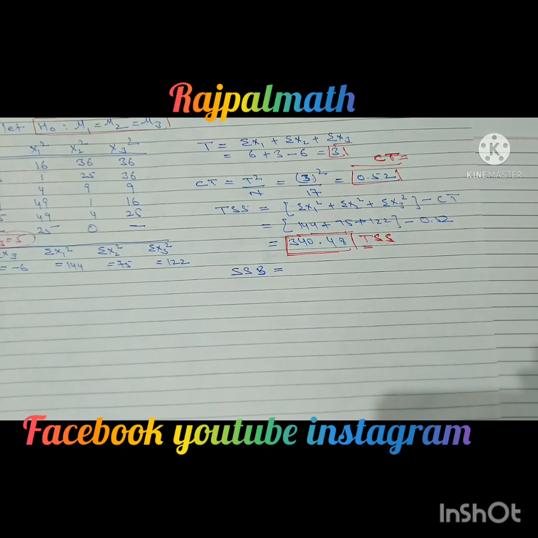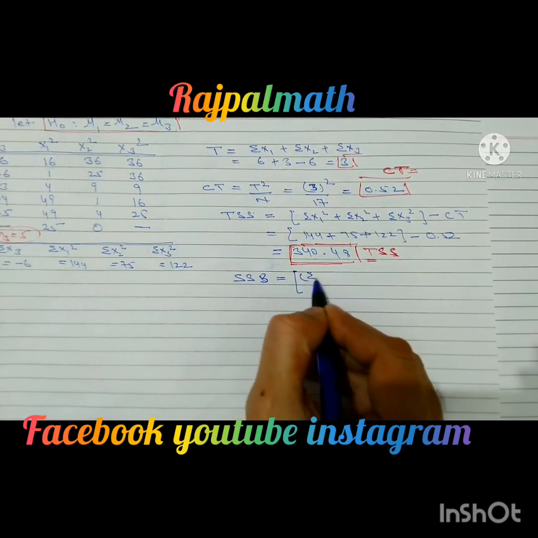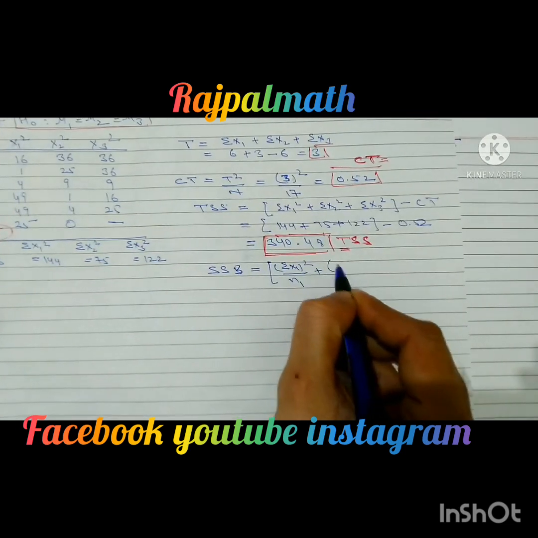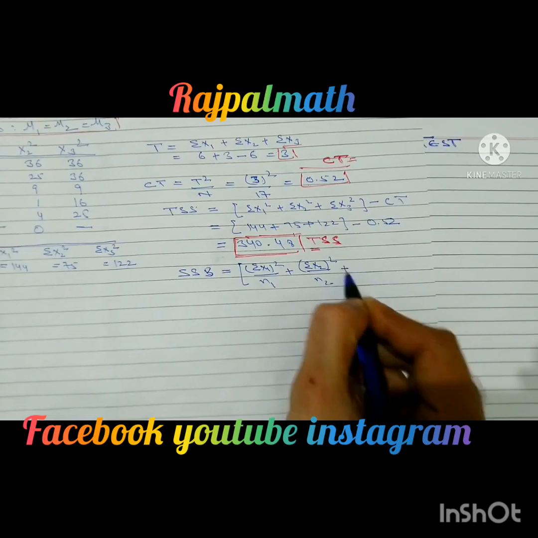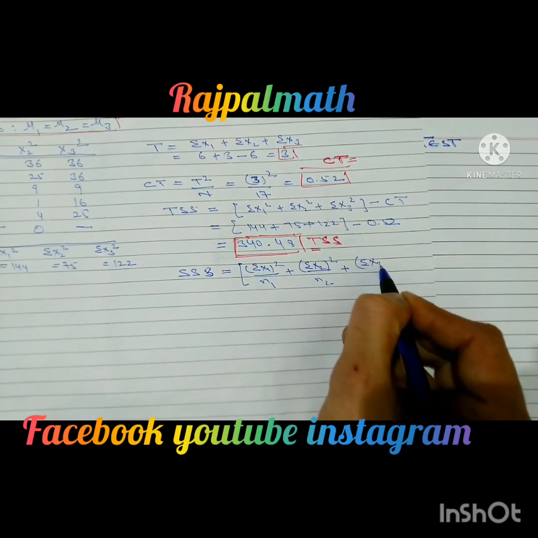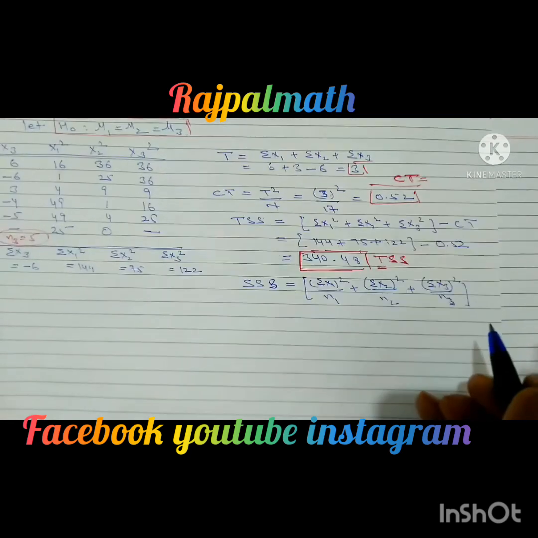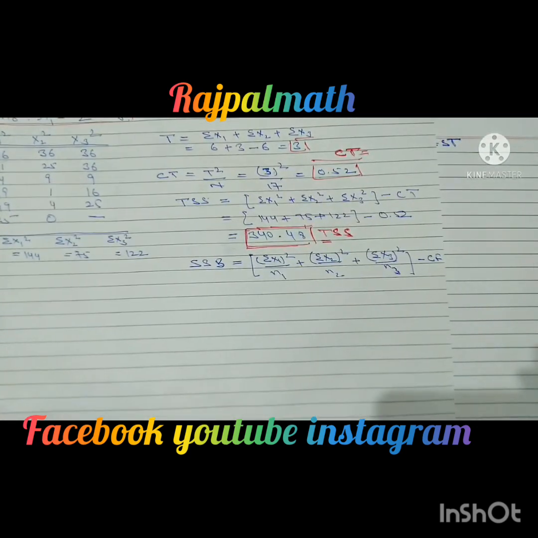Sum of squares between samples, SSB. The formula is summation x1 square by n1 plus summation x2 square by n2 plus summation x3 square by n3 minus CF, correction factor.